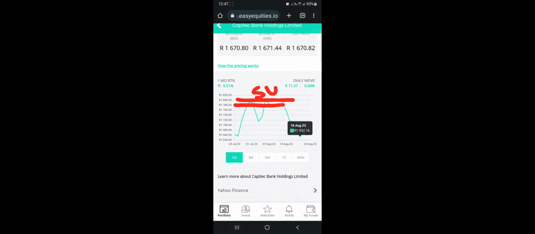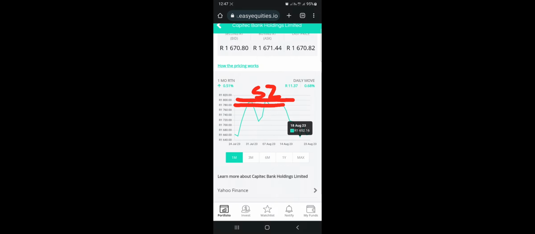Okay, it's a supply zone. Why is it a supply zone? It's because our investors here saw an opportunity to make some money, then they decided to sell their shares at that price, just to take that money and use it for something else.